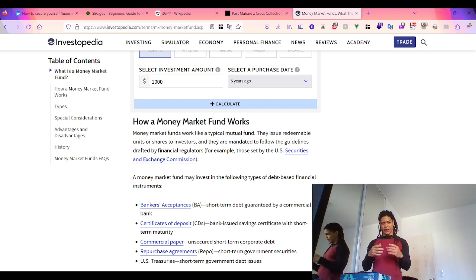VAT, this value added tax, which is a tax imposed on the production at every stage of a good or service, the production and distribution, where the customer ultimately pays the full VAT, and the business along the supply chain remits that portion to the tax authority.